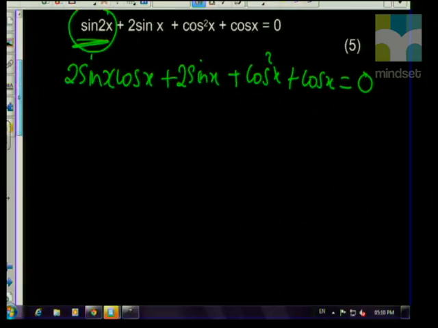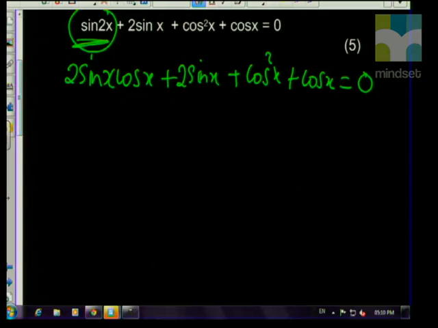Now, if we go back again to grade 10, remember, it's very important. Your grade 10, 11 applies here. You look at the factorization here. If you look at your 2 sine x cos x and the 2 sine x, you can factorize by grouping, all right? So you can group these two because there's a common factor there of 2 sine x.